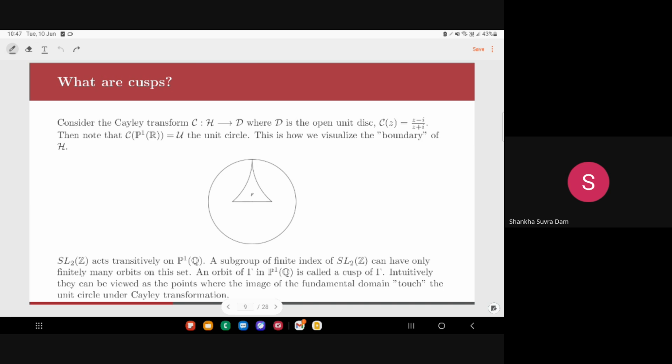Basically, the upper half plane is all the things in here, and what we would think of as the boundary of this set is the real axis over here and the point at infinity somewhere up there. So this is how we would visualize the boundary of H. And note that this is invertible, there's an inverse of it.